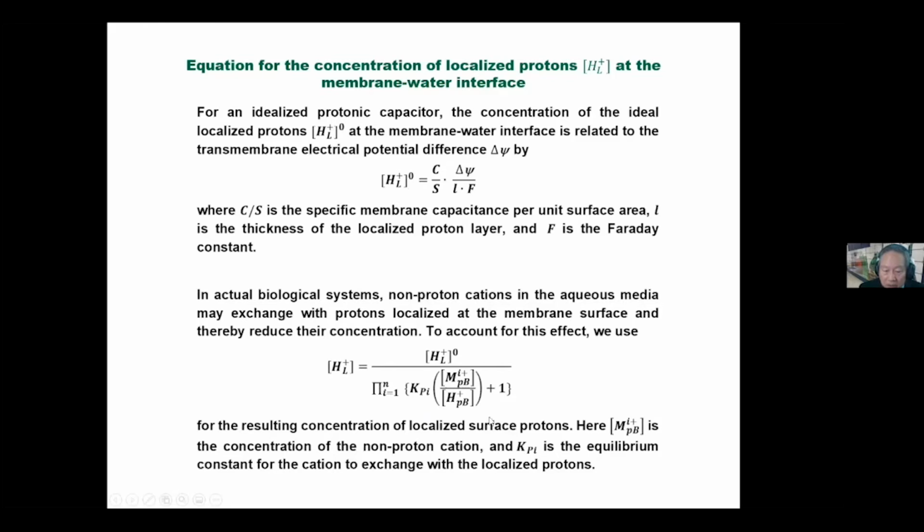To make the story short, to account for that effect, we use the real local proton concentration in the presence of those non-proton cations, where M means cation, could be sodium, potassium, magnesium, all those in your body or outside and inside the cell.